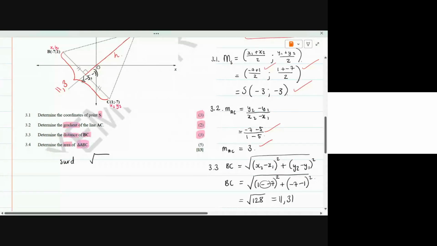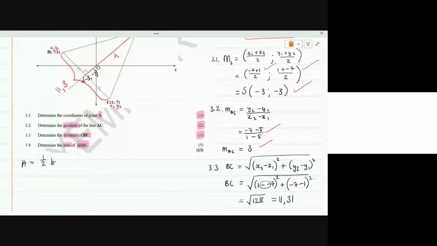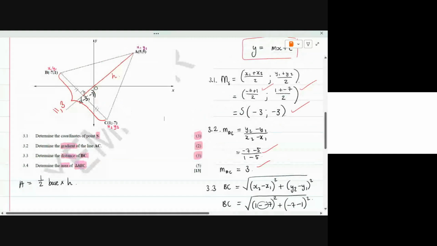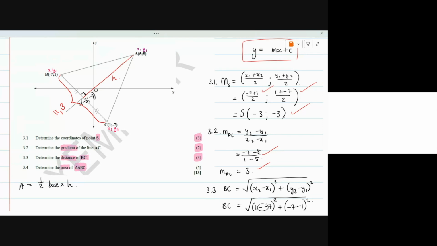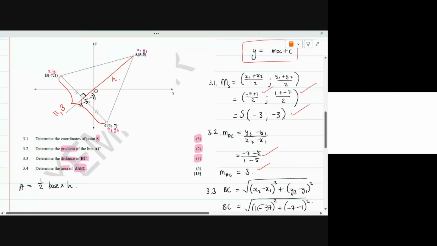Okay, so we know that the area of our triangle is half the base times the perpendicular height. Now we know that that is perpendicular there, they've given us that tiny little square that tells us that it's perpendicular. So we have the base, we've calculated the distance of BC.